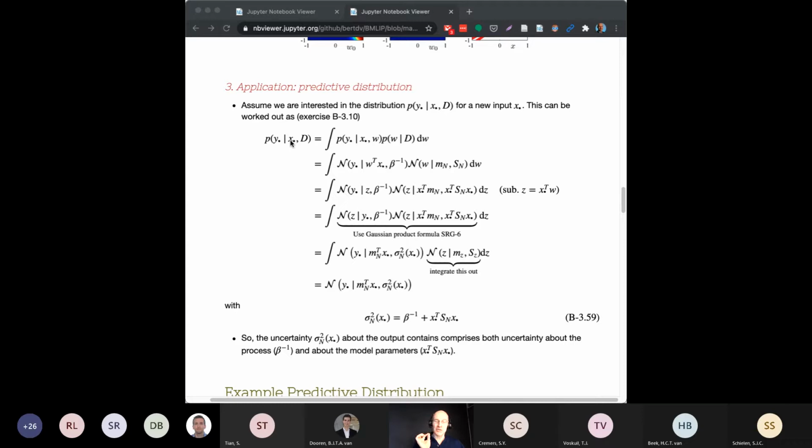So there's an assumption here that you know X. X is really just a given data point. There's no uncertainty about that. And then still I have some uncertainty about Y. As we talked about, there are two reasons. First is the uncertainty in our model, the process. This is the beta. And then we have the uncertainty about the parameters. We started with a prior, we ended up with a posterior. We still have some uncertainty there. And that also translates into some additional uncertainty about Y.